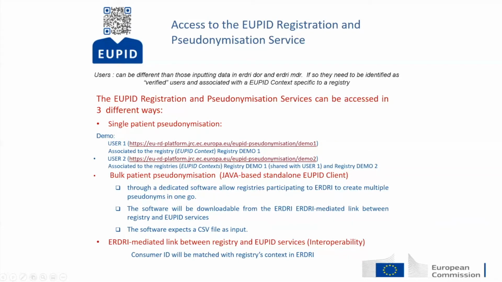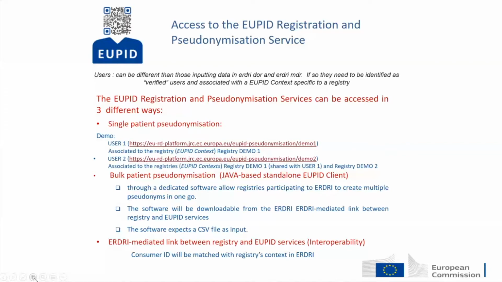I will show you a few screens of the demo that we have, how also the prevention of the doubles is ensured in the next slides. So this single patient pseudonymization is done directly on the ERN website, a dedicated web page where you can do this.